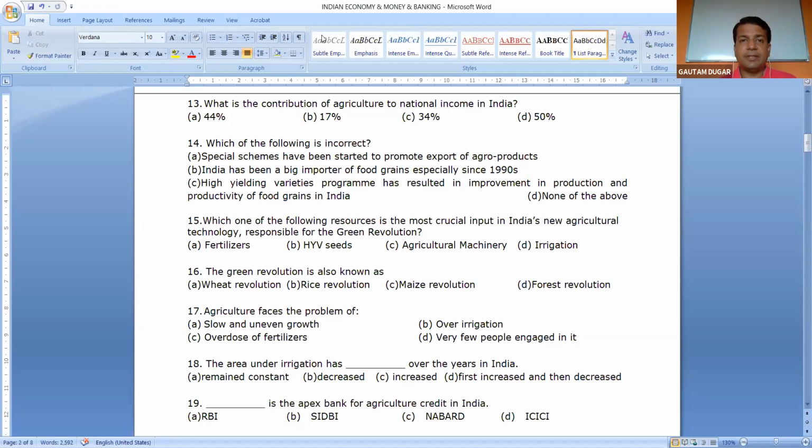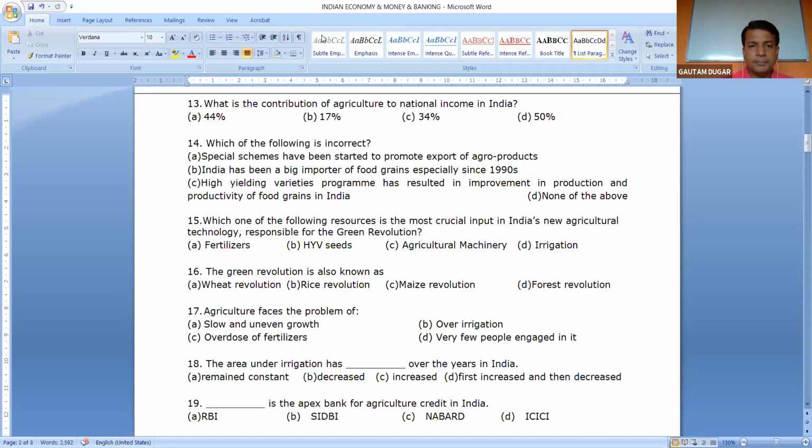Yes, it's B. India has been a big importer of food grains, especially since 1990s. Obviously not. Since the 1990s, we have not been an importer of food grains. That is incorrect. The rest, A and C, are obviously correct.